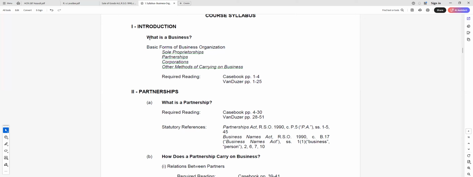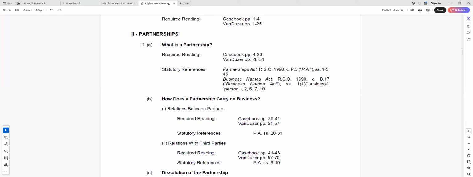So basically we are learning what is business and the different basic forms of business organization. Then they go on explaining one by one separately, and in that also they have made a very good distinction. That's what I said, it's organized very well. Business organization is a very well organized subject. So partnership. What is a partnership?